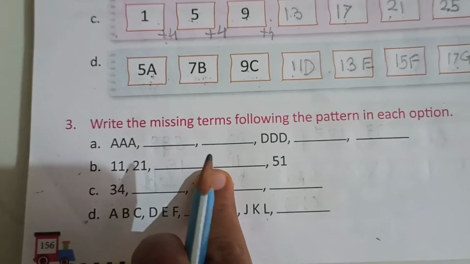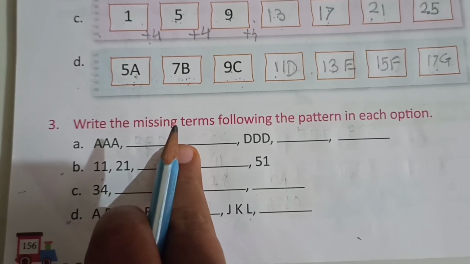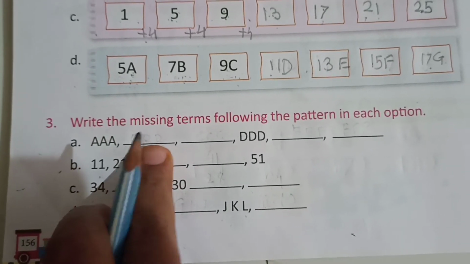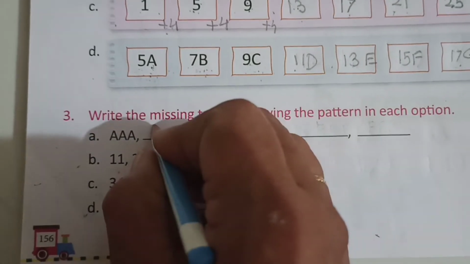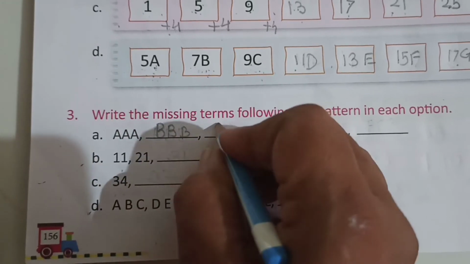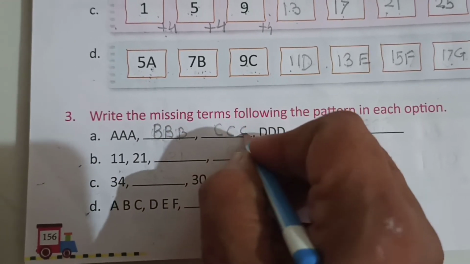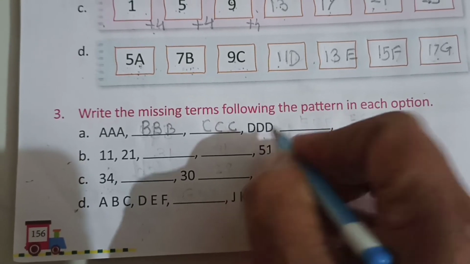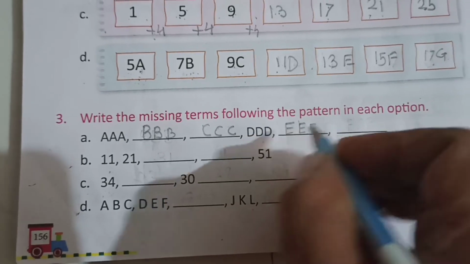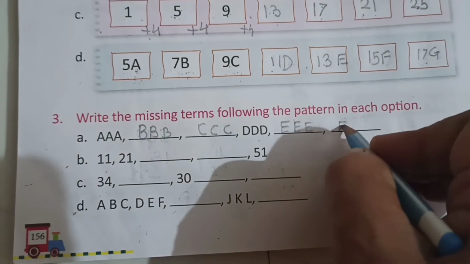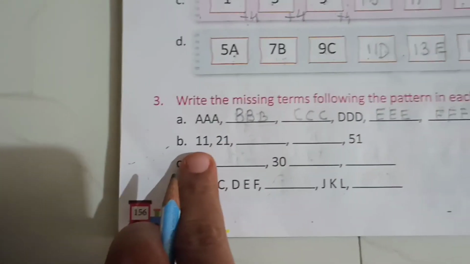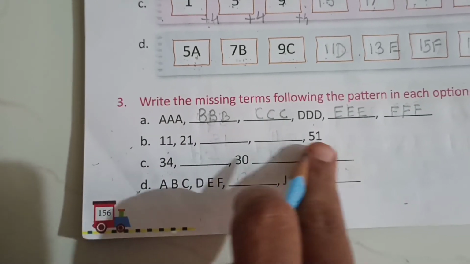Next here, look children, write the missing terms following the pattern in each option. Triple A, then blank, blank, then triple D. Here we have to write 3 times B, then 3 times C, then 3 times D, 3 times E, and after E, F. Here 11, 21, dash, dash and 51.